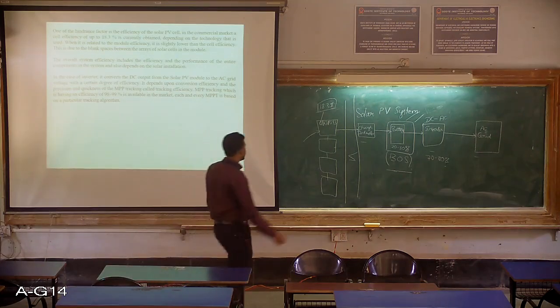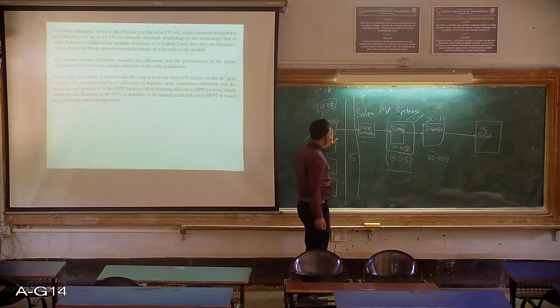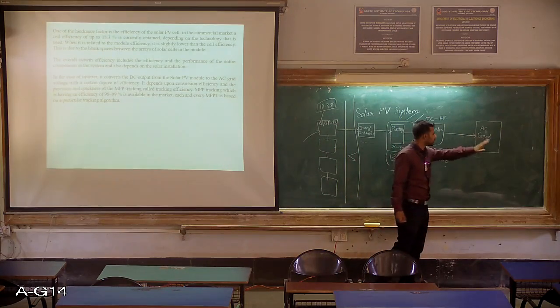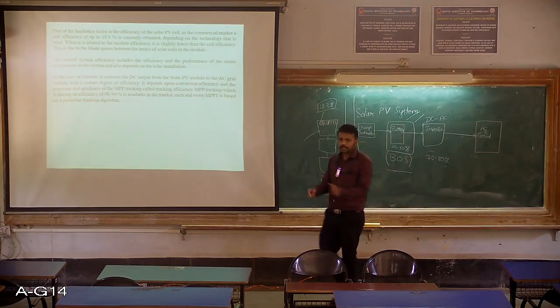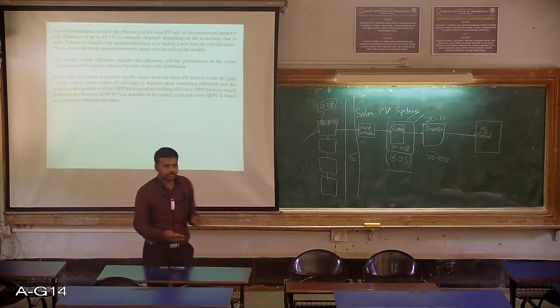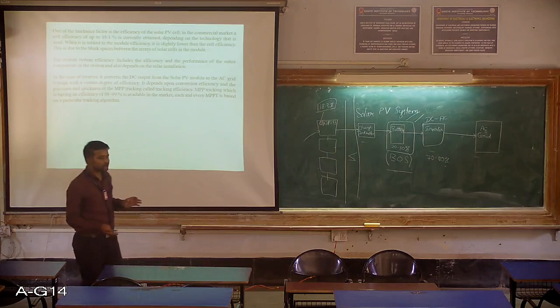Overall efficiency means the cell efficiency, then the module efficiency, charge controller efficiency, battery efficiency, inverter efficiency, and so on, and whatever switchgear equipment and components we are going to use, all those count.